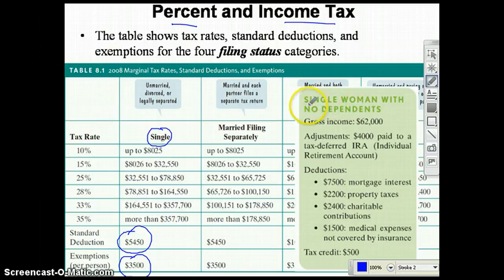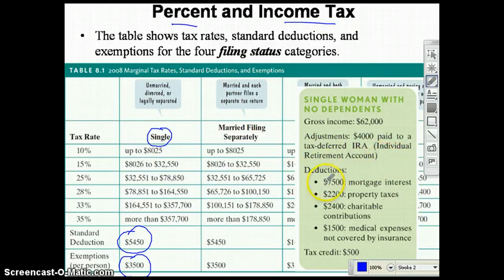We have a single woman with no dependents. Her gross income is $62,000. Her adjustments are $4,000 paid to a tax-deferred IRA, so she's trying to save for her retirement.